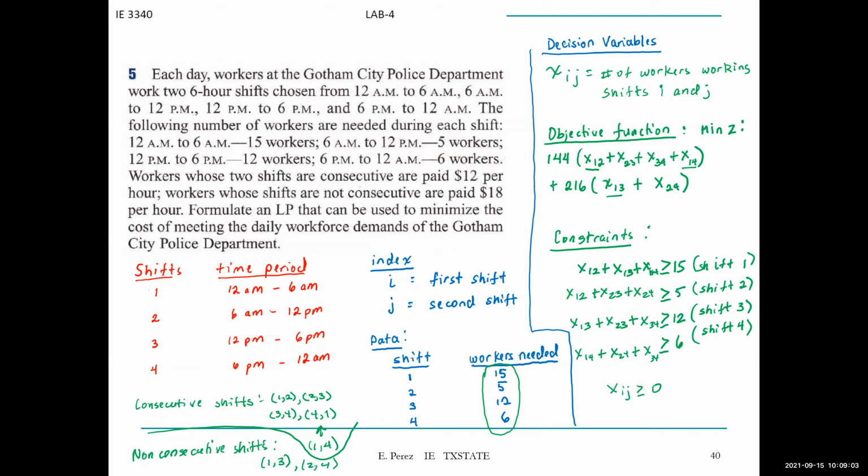But if you see the demand, it's changing, and the number of workers needed is changing, and you can see how it goes from 15 to 5, 12 to 6. So if you schedule 15, all of them at the beginning of shift 1, and they work shift 3, then you will have more people than what you need in shift 2 and 4. So you will end up spending more money because these resources are idle for those shifts. That's a good observation. Good point.